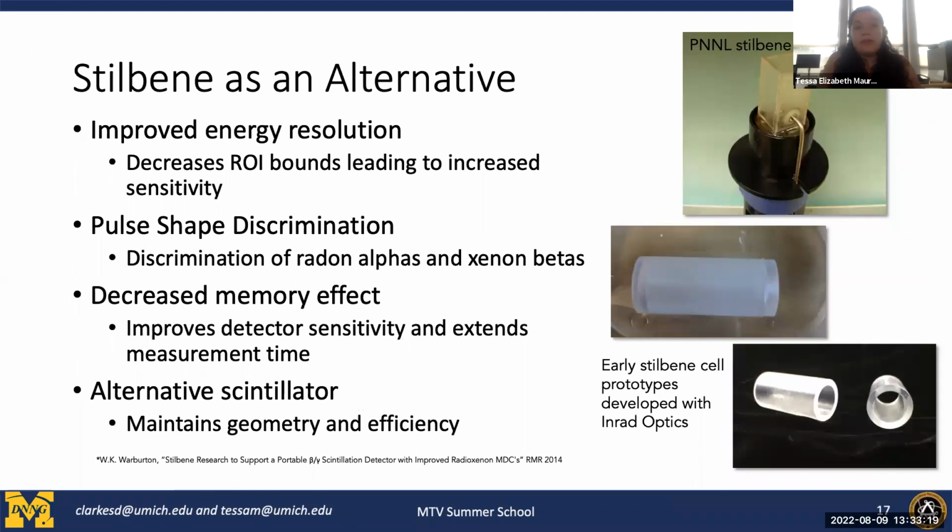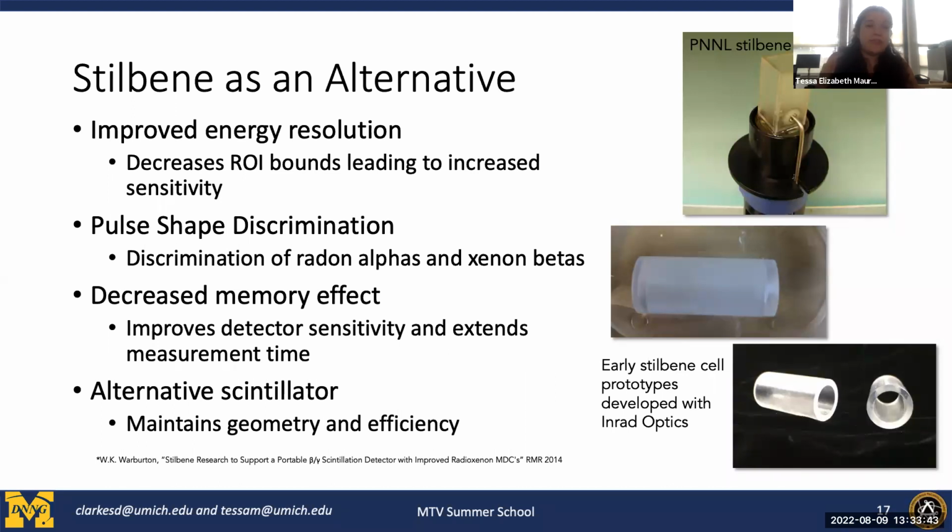We can look into different alternatives to the currently used plastic cells in the beta gamma coincidence detector system. We don't have to use a plastic scintillator as a beta cell. We can use something else that has better energy resolution and reduced memory effect. One of the things we've looked at is organic stilbene scintillators as an alternative.